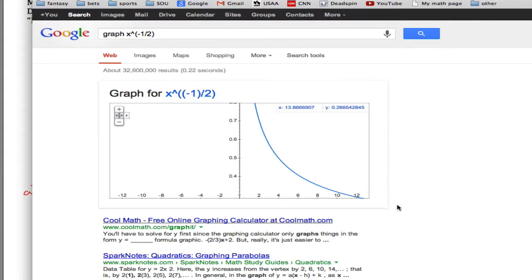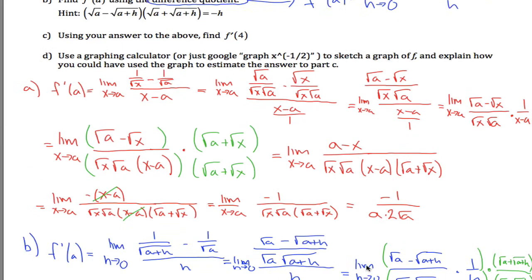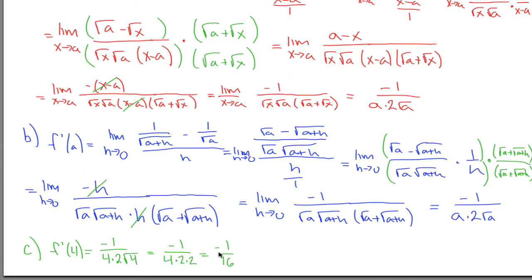So anyways, the graph looks like this. The scales are a little bit off, but the basic idea is that at this point where x equals 4 here, the slope of the tangent line at x equals 4 would be equal to -1/16.